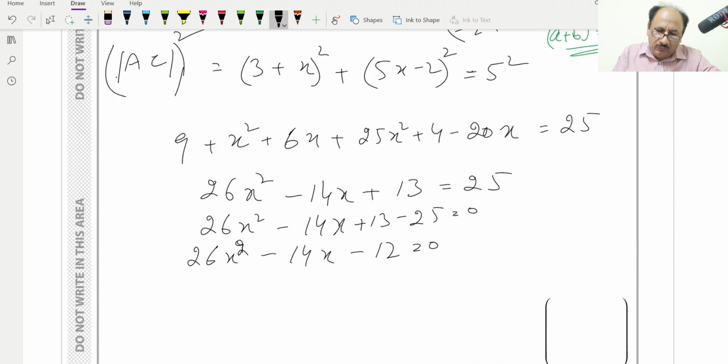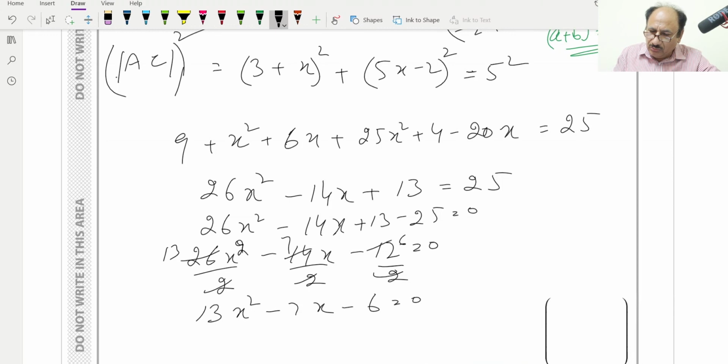Yes, now we can divide everything by 2 so that we can simplify this. This will be 13, this will be 7, and this one will be 6. So our modified equation will be 13x squared minus 7x minus 6 is equal to 0.